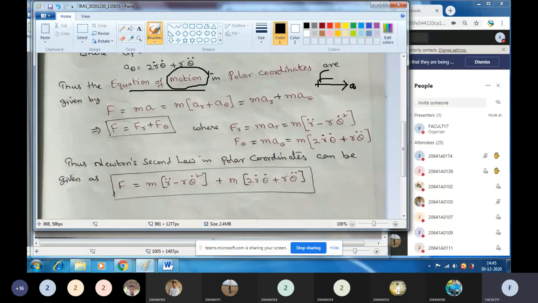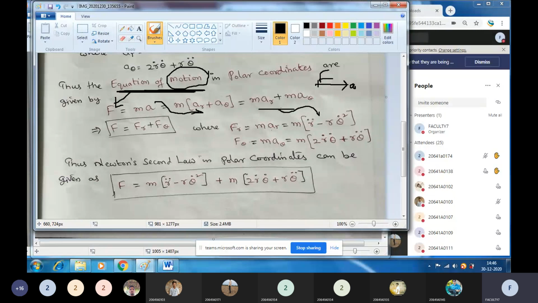Now the same thing here: that particular force, the expression for force, we are considering as the equation of motion. So we are going to write F equals m into a. Now as you got a as a_r plus a_theta, you substitute those values here.